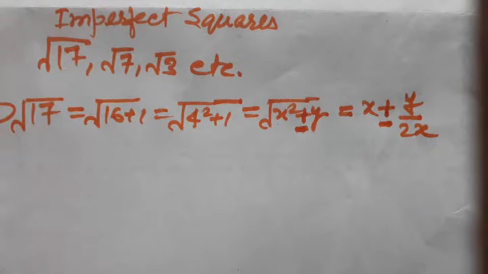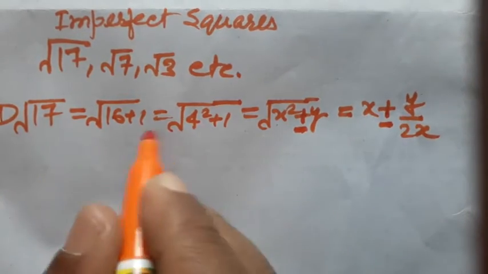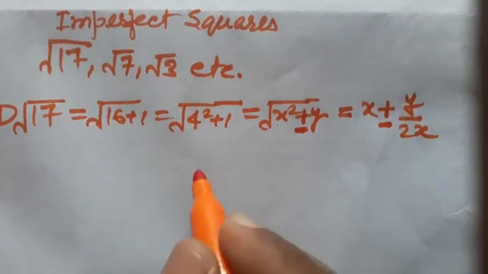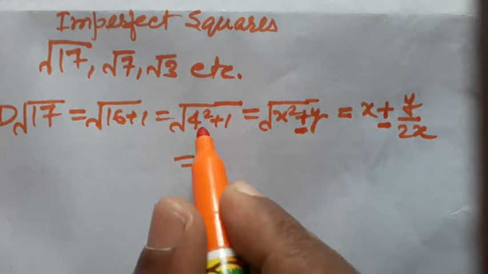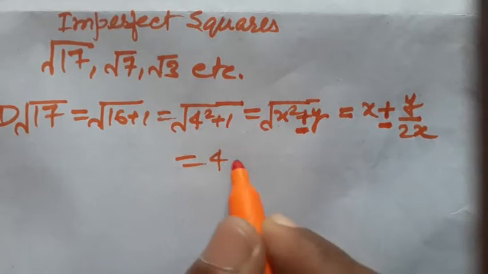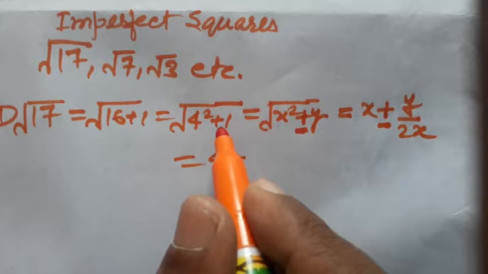So first let's find the value of root 17. We break it like this, and we get x equal to 4, so we write 4, and then we have a plus sign because we took a plus sign here.